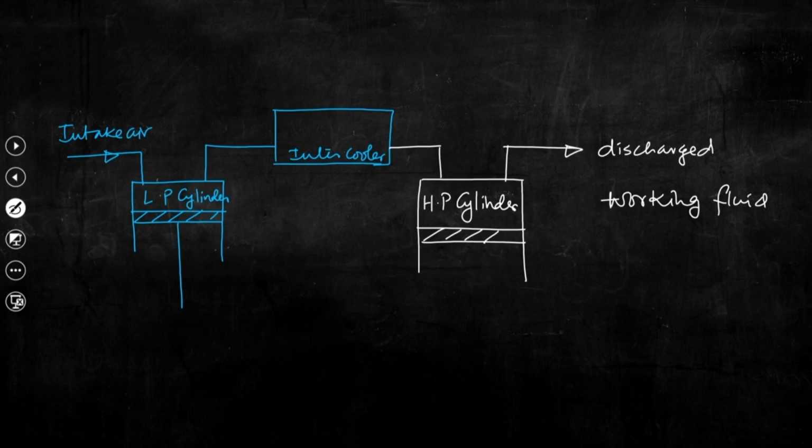Now, if we try to draw here, that discharge is again taken to the combustion chamber, and from there it is again taken to the gas turbine.